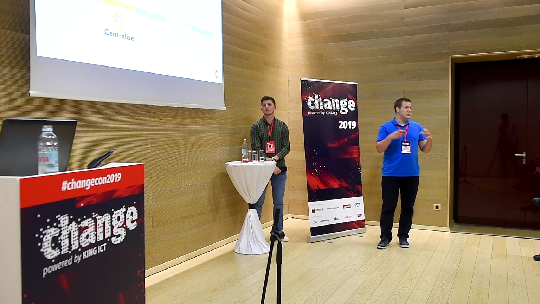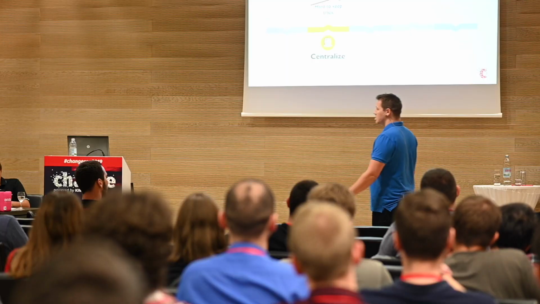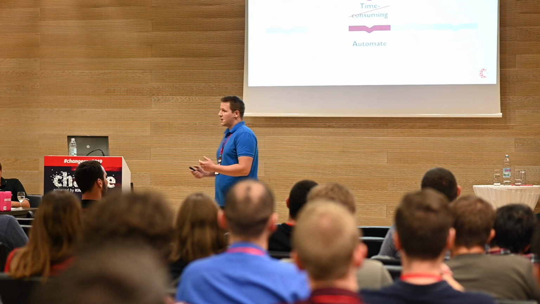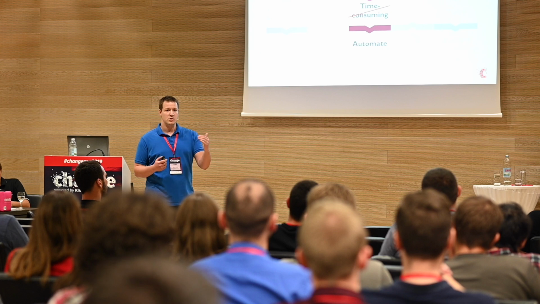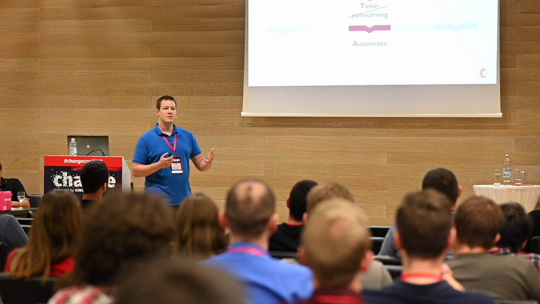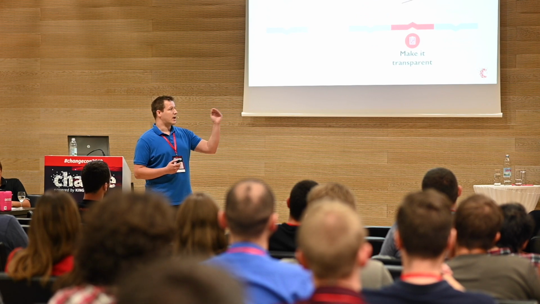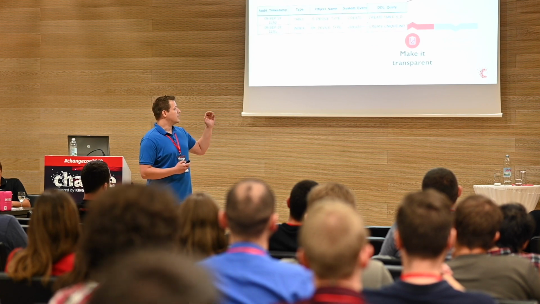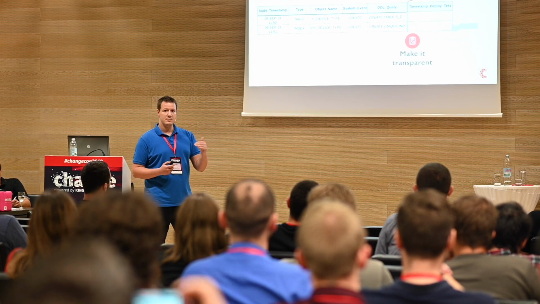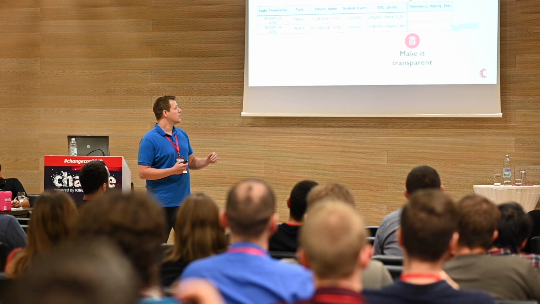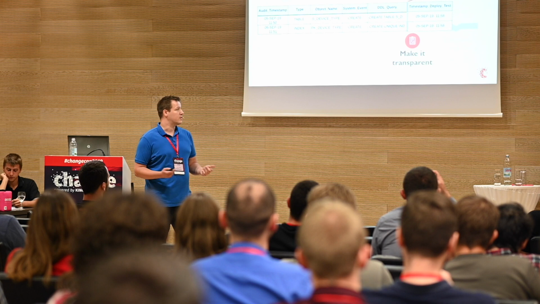So we have actually centralized something that was not centralized before. It's no longer hard to keep track. When we have centralized something, we can also automate the execution of that set of statements. And we can also build a level up by simply adding additional columns. For example, timestamp when the statement has been executed. And we can make it transparent to the client, to your project team, whatever.